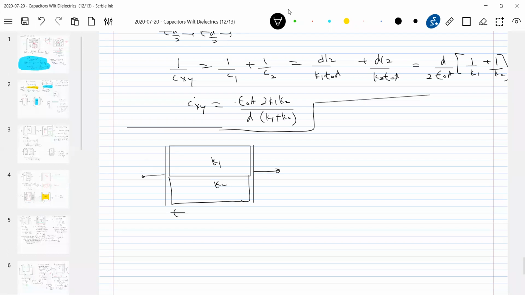The distance of separation is d. Half of the area this will take, half of the area this will take, A by 2 and A by 2. If a charge comes here, it will branch out. Then these two capacitors are in parallel.